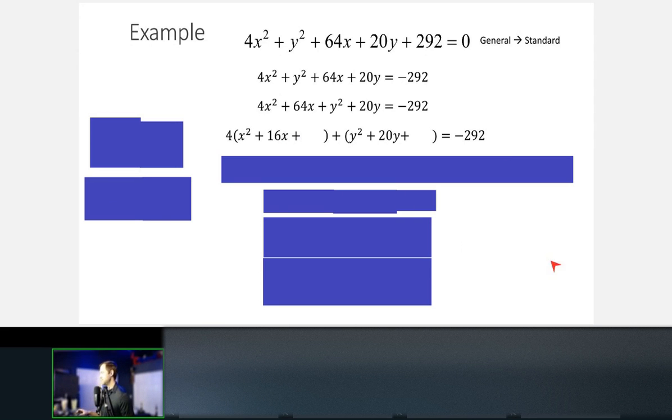Yes, you are correct. We're going to take that b term. Remember, this is like a squared plus b squared plus c, right? So we take b, which is 16, and we divide by 2, and then we square it. We get 64.